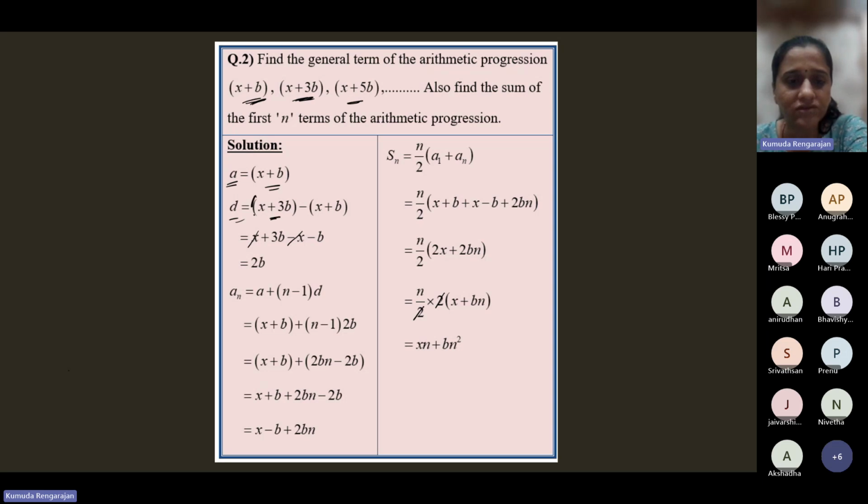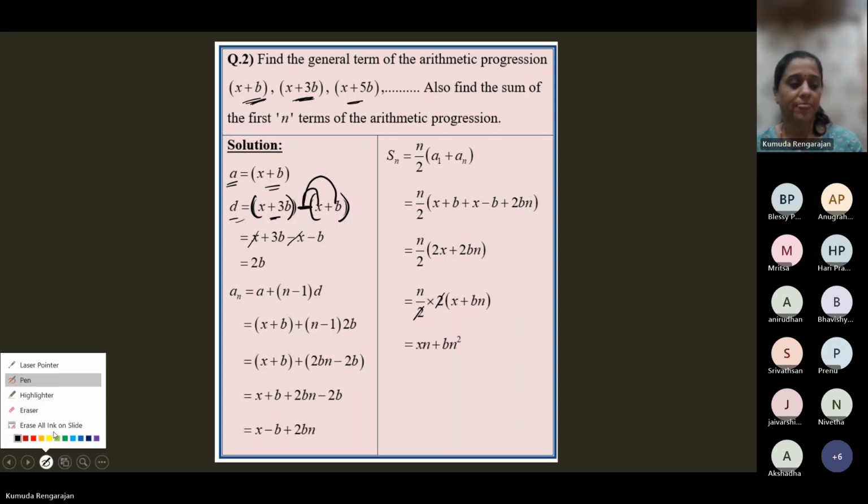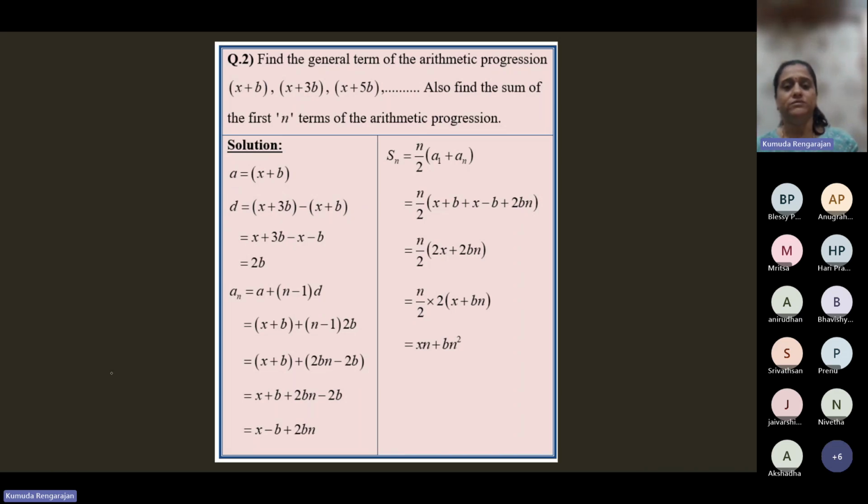See, this is the second term, this is the first term. Take a minus sign in the middle. So when you open the bracket, it will be minus x minus b. Upon simplifying, you get 2b. 3b minus b is 2b. So keep the expressions for a and d ready.